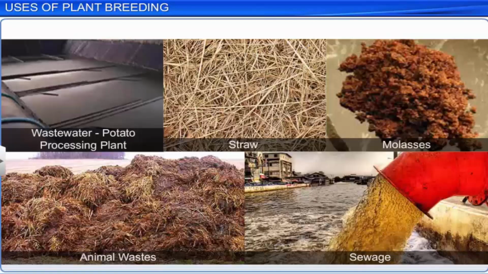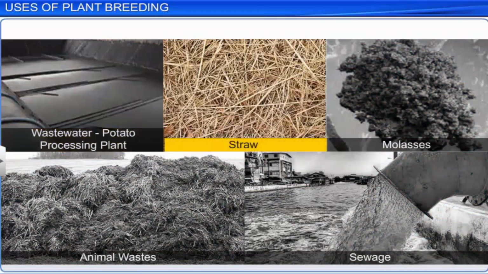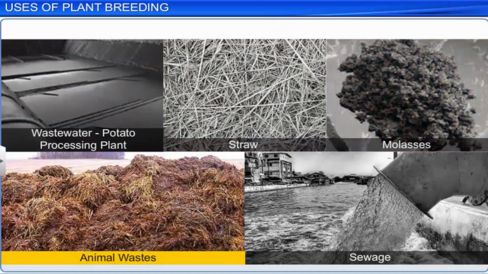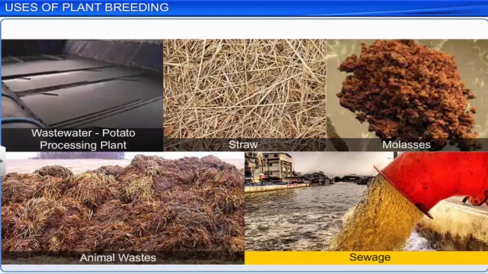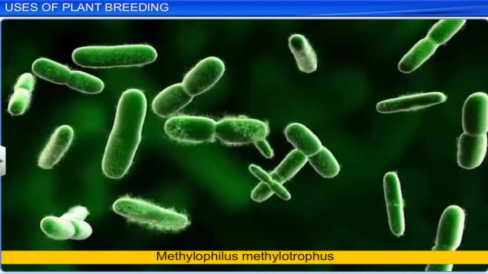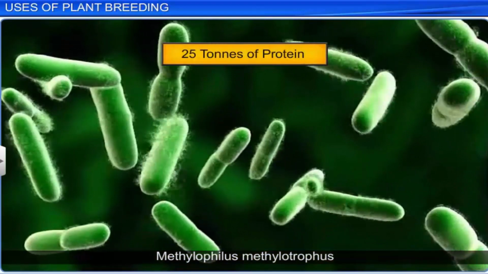Moreover, it helps reduce environmental pollution, as it can grow on wastewater from potato processing plants, straw, molasses, animal wastes, and sewage. Another example is Methylophilus methylotrophus, a bacterium that can produce 25 tons of proteins.